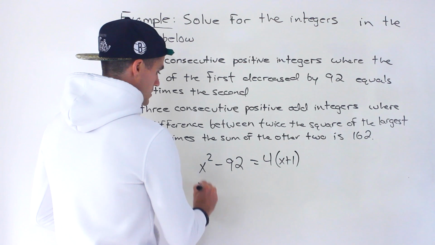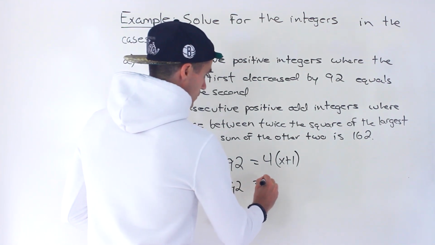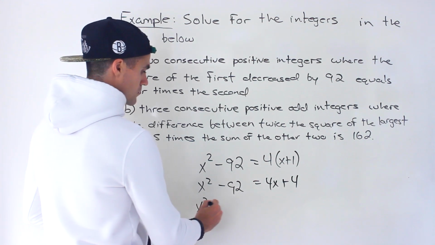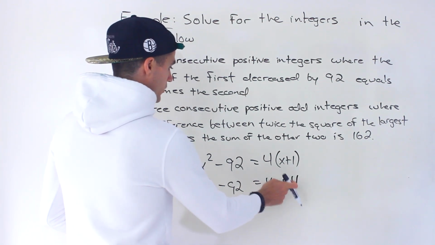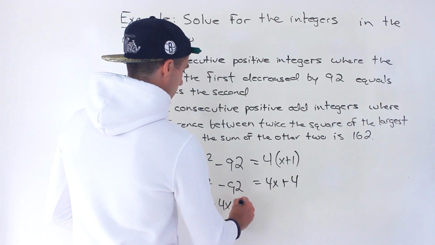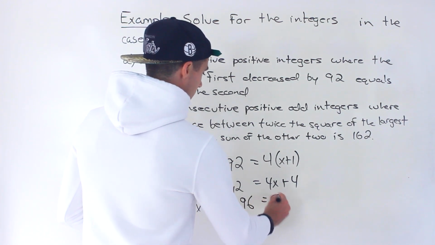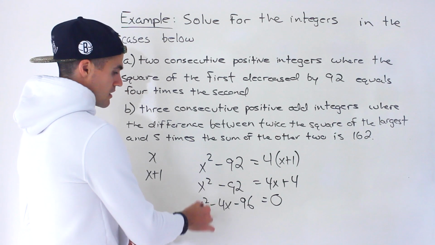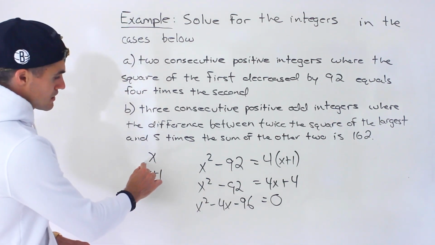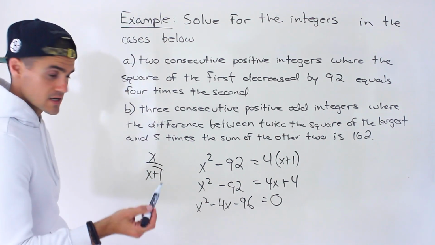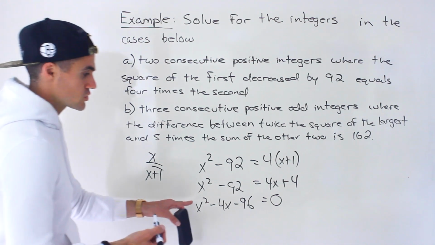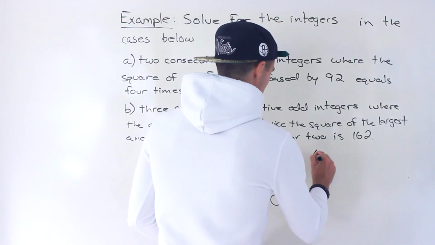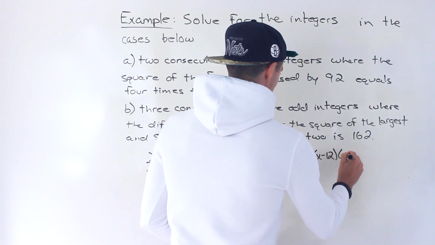To solve this, we would expand this part, then bring everything over. We'll have x squared minus 4x, and when we bring the 4 over, we end up with negative 96, and that's going to equal 0. Because we're solving for integers, and x is the lower of the two consecutive integers, it should factor smoothly, and this does factor into x minus 12, x plus 8.